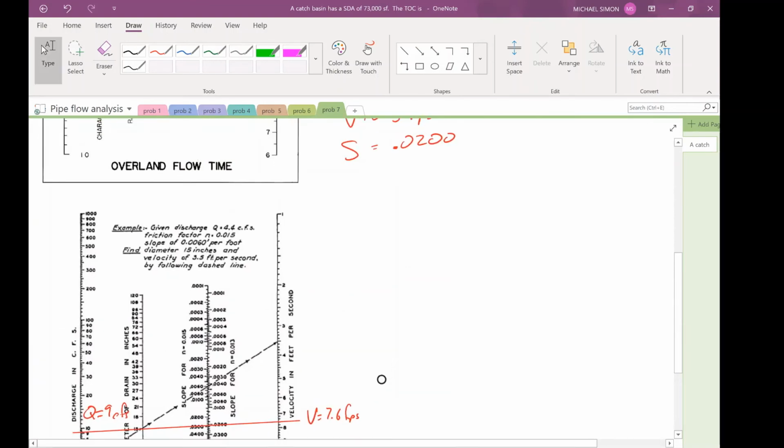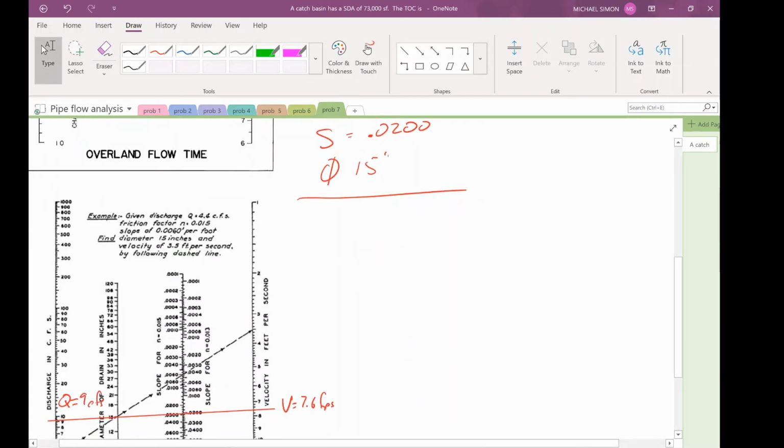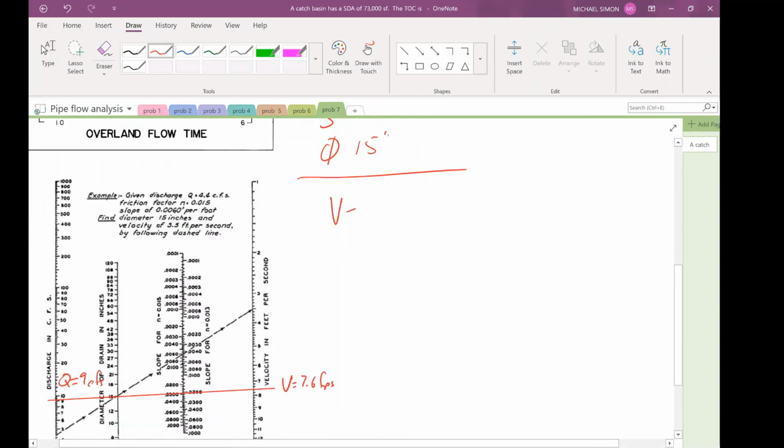So let's see what happens with that. This now goes to 9. This now goes to, we say 7.6. And we're using a diameter of 15 inches. So let's prove this out based on the Manning equation now. V is equal to 1.486 r to the 2/3 s to the 1/2 over n.